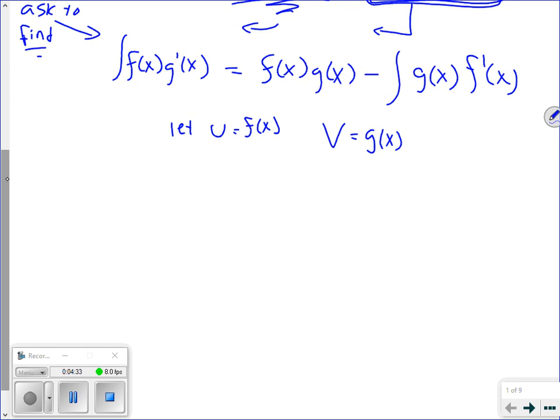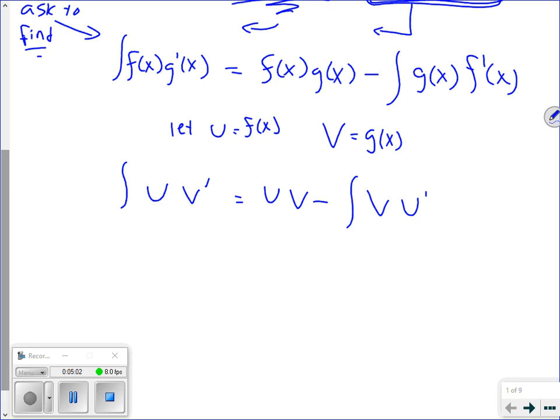So this is the integral of u v prime, equal to u times v, minus the integral of v u prime. All I did was substitute in those values.